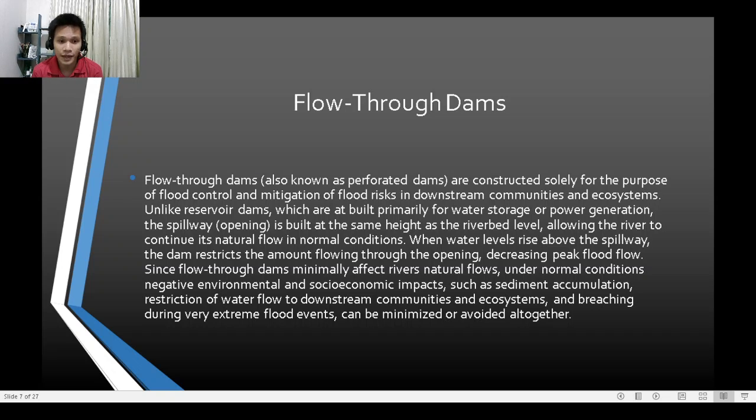Since flow-through dams minimally affect rivers' natural flows under normal conditions, negative environmental and socio-economic impacts, such as sediment accumulation, restriction of water flow to downstream communities and ecosystems, and breaching during very extreme flood events, can be minimized or avoided altogether.